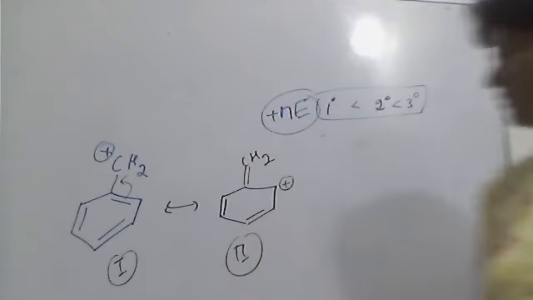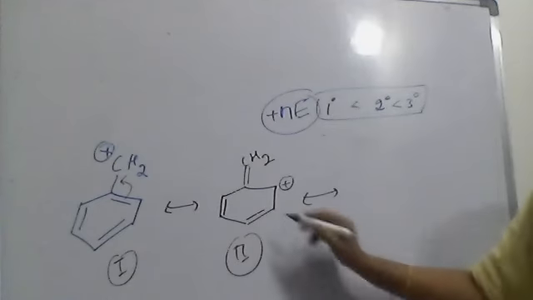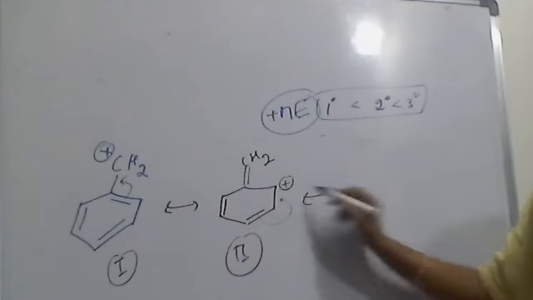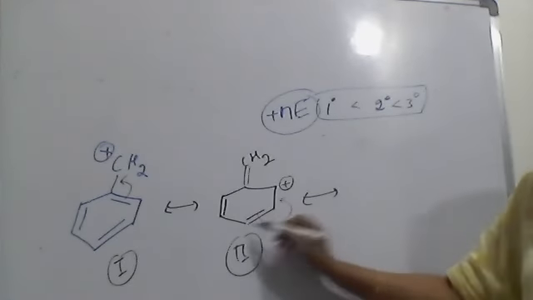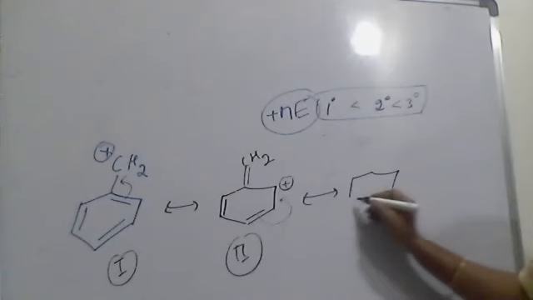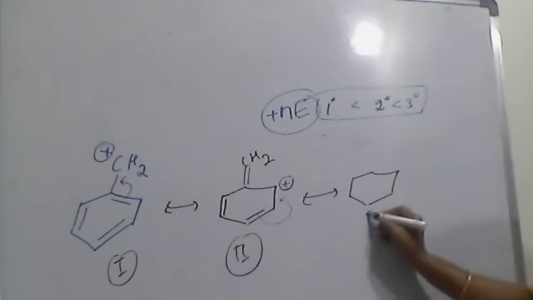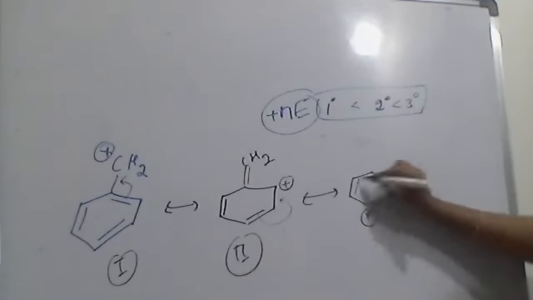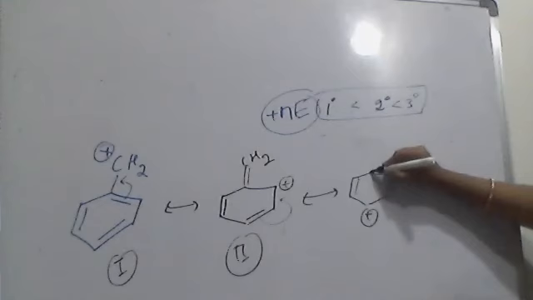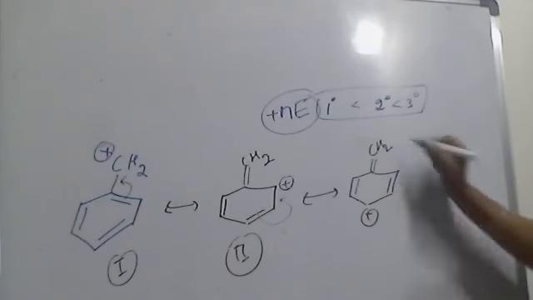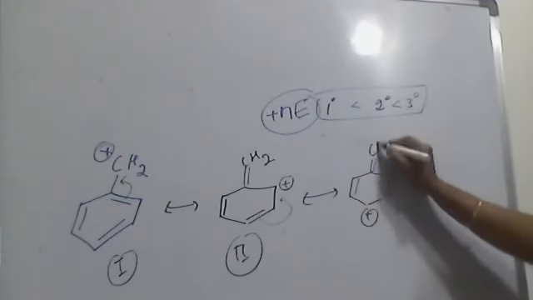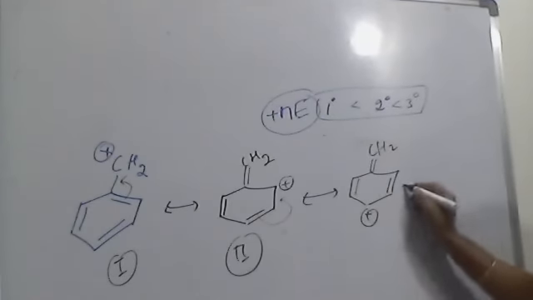Once again, this pi bond will shift here between the sigma bond. So this para will develop a positive charge due to loss of electron. This is unchanged, this is newly formed, and this is double bond CH2. And next, one more structure.